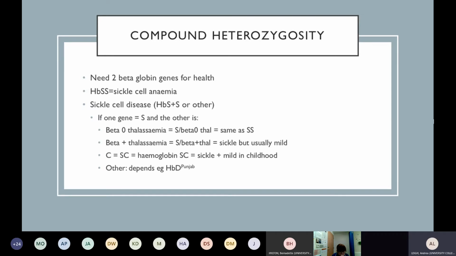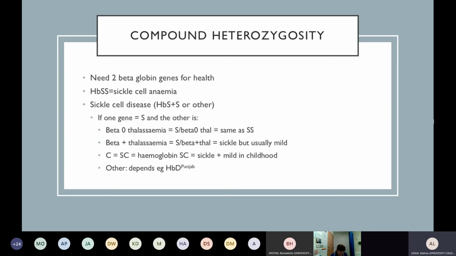The main ones that we see within our clinic are if it's co-inherited, either with sickle or with a beta thalassaemia. Now, I'm not going to assume anything about the audience, so please forgive me if I'm making it too simple or too complex. Do let me know, or if there are any questions, please interrupt.